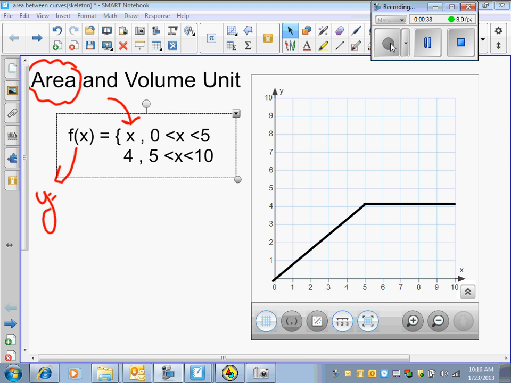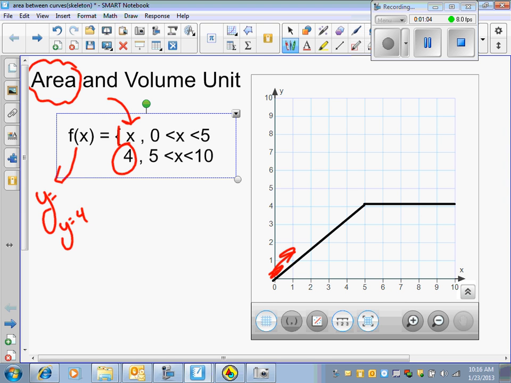So I want my y to equal x, and this is a slope of 1. So here to here, as you can see, going up the line from 0 to 5. And also, I want to know the area of y equals 4 between 5 and 10. So here's the graph of our piecewise function.